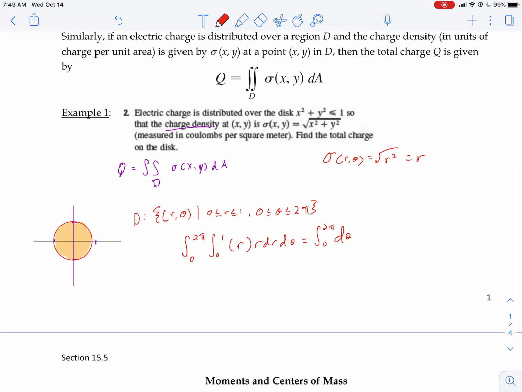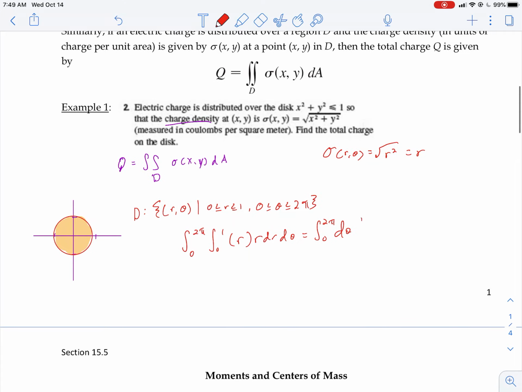All right, so I'm going to go ahead and break up the integration: 0 to 2 pi d theta, and 0 to 1 r squared dr. I'm going to integrate theta, which gives 2 pi.